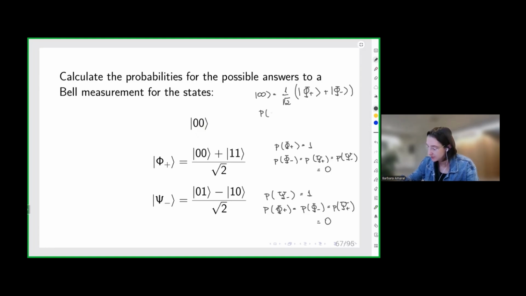So here I have the outcomes phi plus equal to phi minus equal to 1/2, and the other 2 equal to 0. Okay, so in this case it's relatively simple as well. So this is a hard measurement, a non-local measurement, but it's a building block for many quantum information protocols. One of them is quantum teleportation that we're going to see next class.